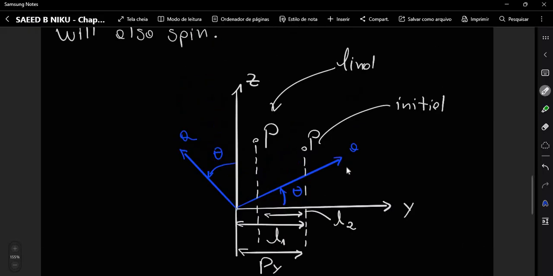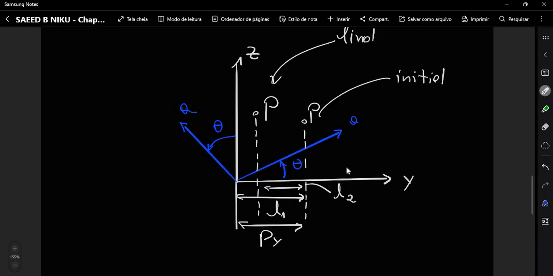For PZ it is the same concept, the decomposition of the coordinates of the point P into components X, Y, and Z as this point is doing the rotation movement.